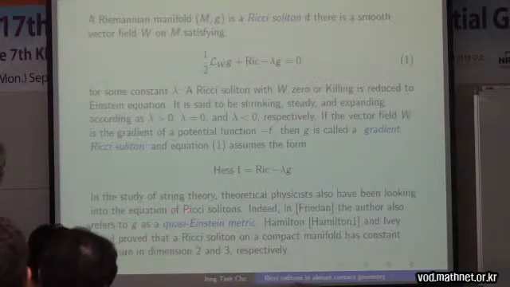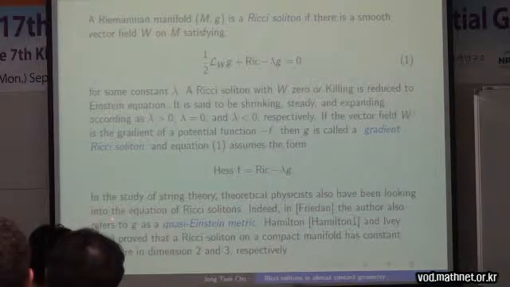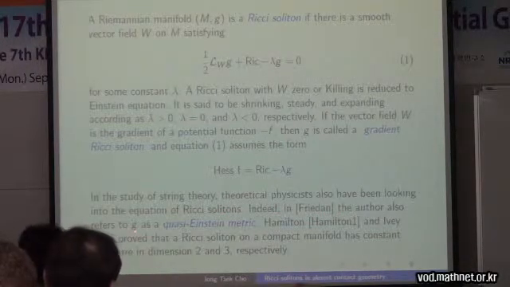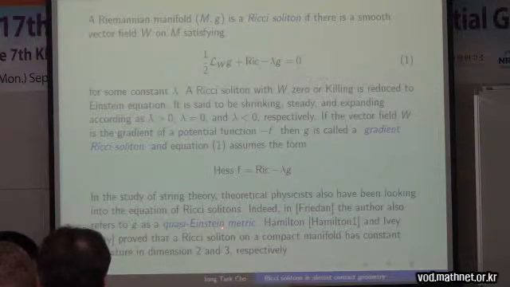In the study of string theory, theoretical physicists have also been looking into this equation of Ricci solitons. Indeed, in Friedan's paper, the author also refers to g as a quasi-Einstein metric.